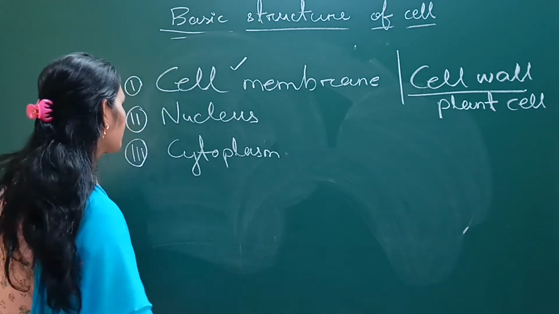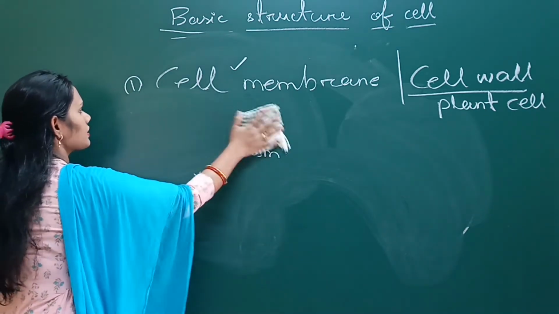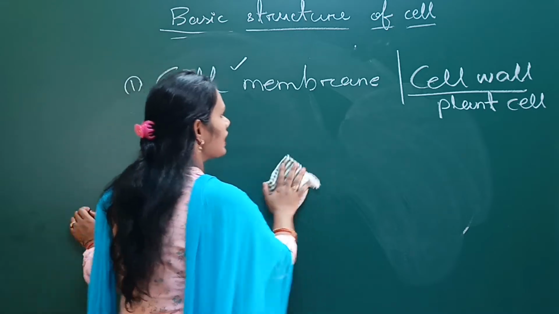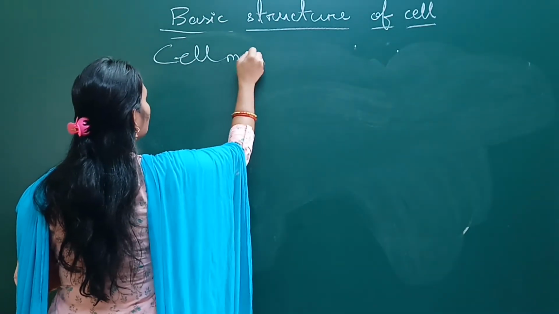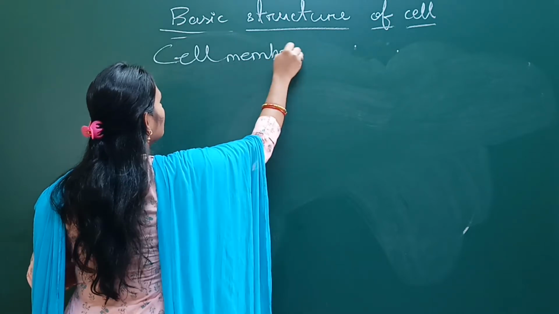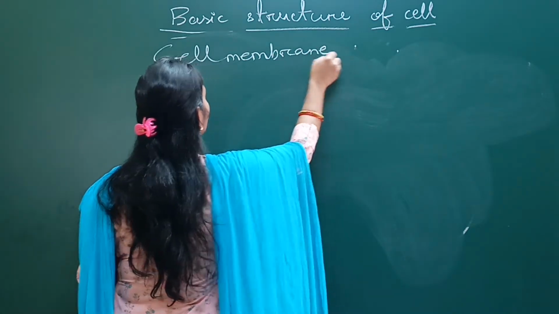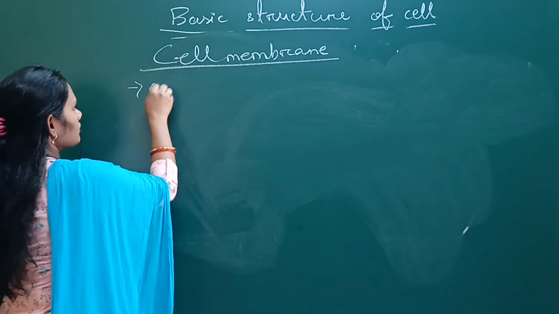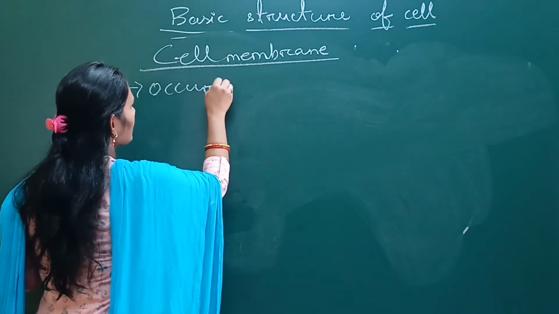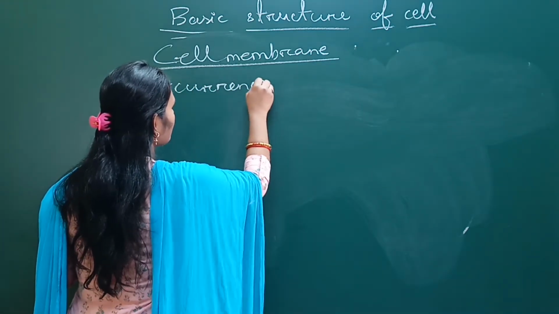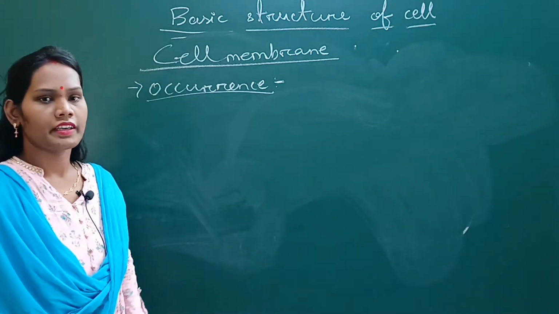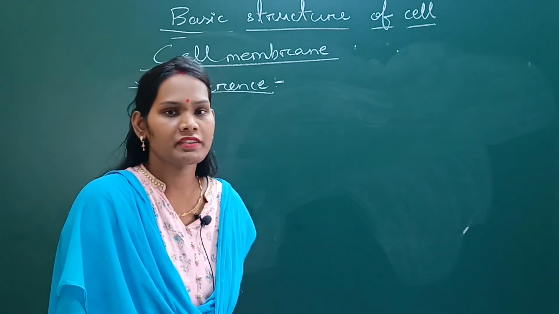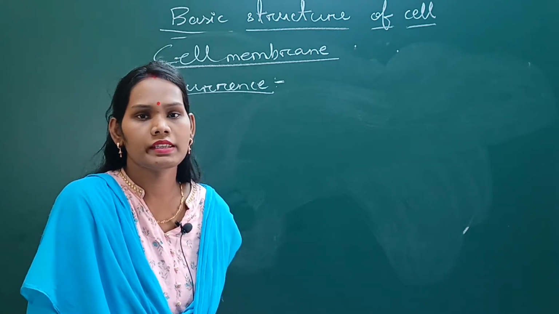First of all we will discuss what the cell membrane is. First, about its occurrence. Where is the cell membrane found? Cell membrane is found in all animal cells.